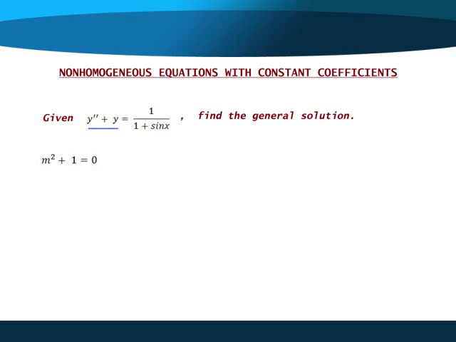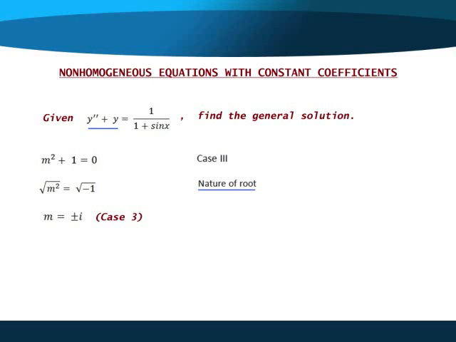Here, we use variable m to represent the unknown in the equation, and thus m is equal to the square root of -1 or plus minus i. Notice that this is case 3, with complex conjugate roots, positive i and negative i.